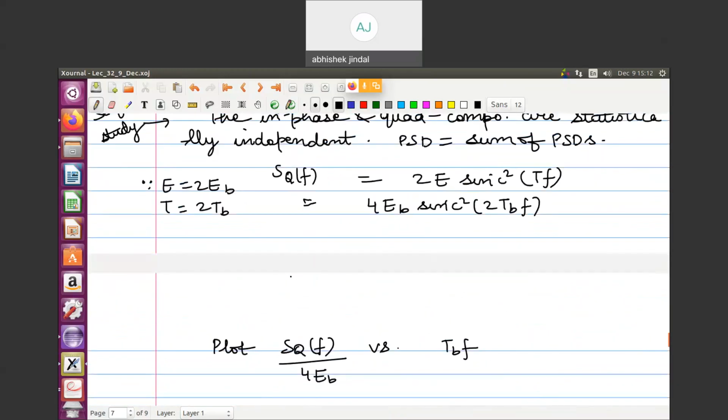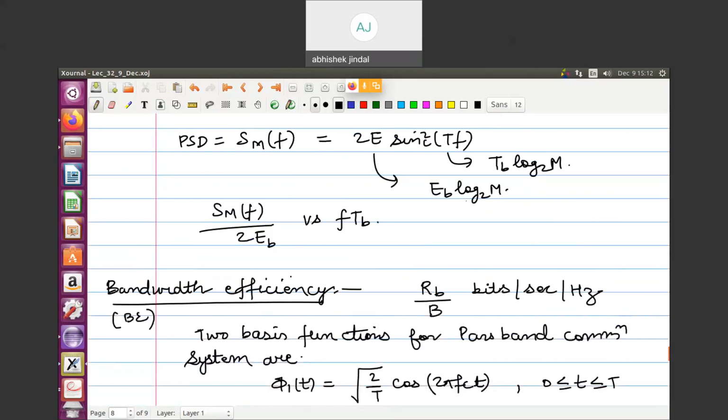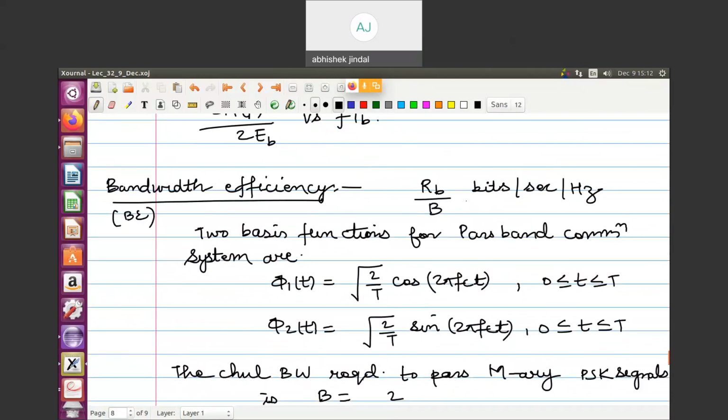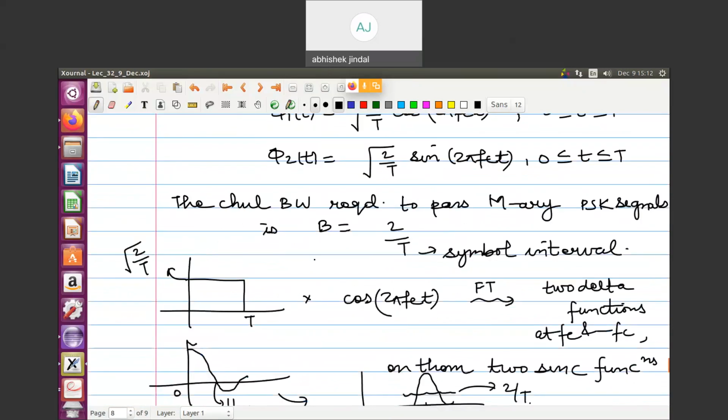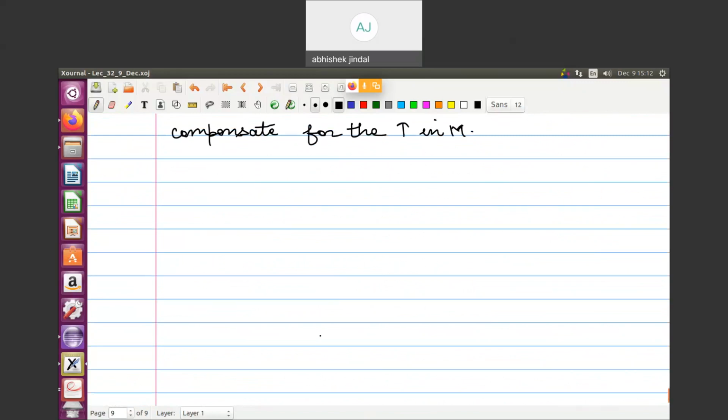So I would ask that you sit back at home and think about how to relate both of them. If I talk of BPSK as a passband system, I am deriving the PSD first, thinking like a baseband, and then I have to translate to the cosine functions. So you will get an answer with respect to this derivation in bandwidth efficiency. Okay. So this is what we wanted to do in this course.